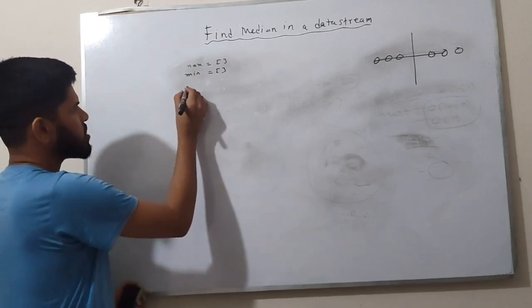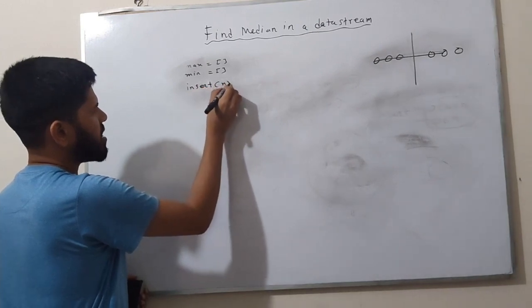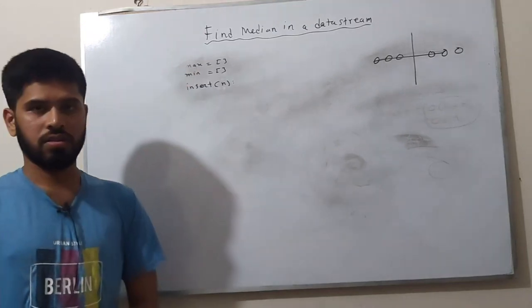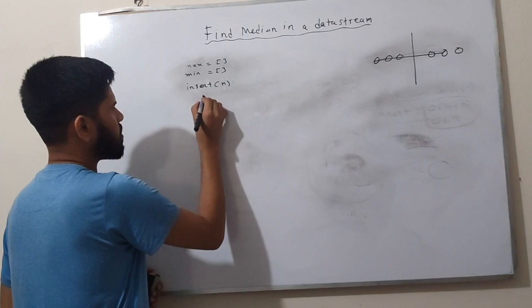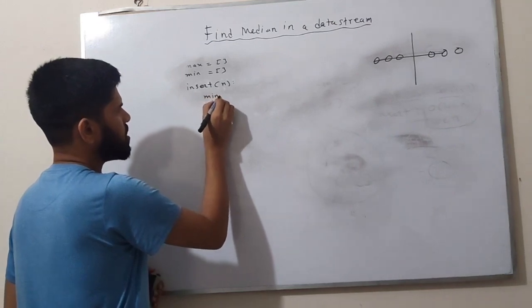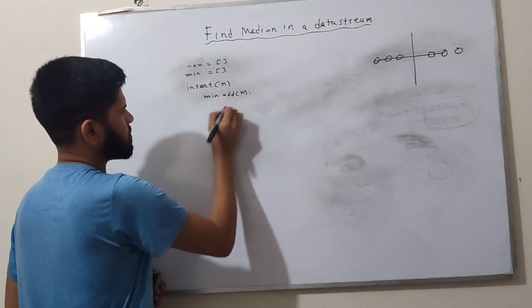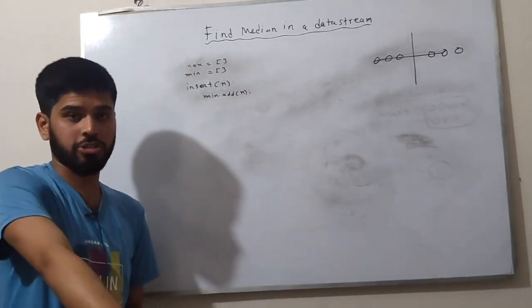Now let's implement our insert method. Insert takes in a number. We're going to insert into our data structures, min heap and max heap. First, we're going to insert into our min heap. So min dot add this number itself. Now we're going to remove whatever the minimum we have in our min heap data structure.